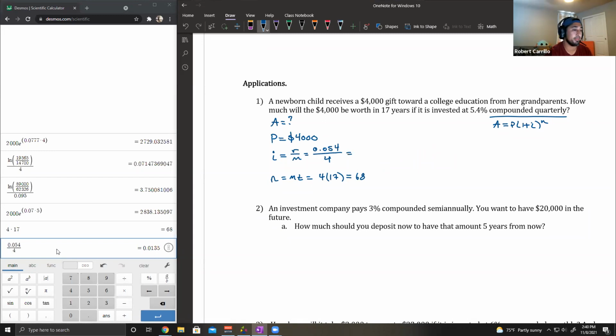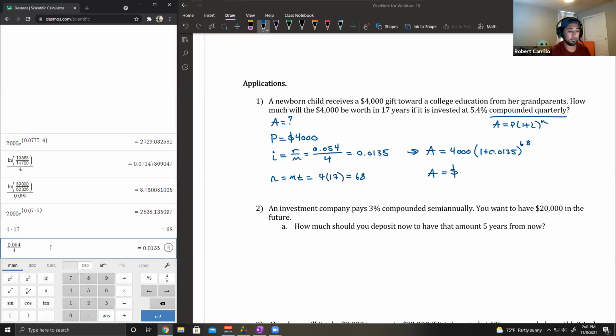So 0.054 over 4 is 0.0135. Now that's a clean decimal number I can work with. If you want to keep it as a fraction, you can still keep it as a fraction. But now A equals 4,000 times 1 plus 0.0135, all raised to the 68.